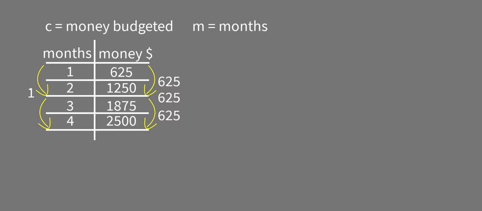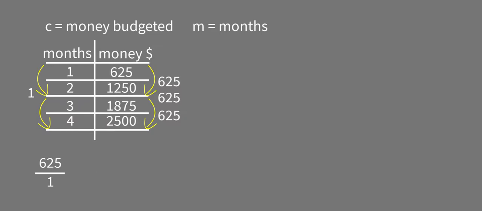We do also want to verify whether this is a direct variation, or maybe it's not. We need to see, are we looking at y equals mx plus b, or y equals mx as far as our form is concerned? If we look at output to input, we have 625 over 1.